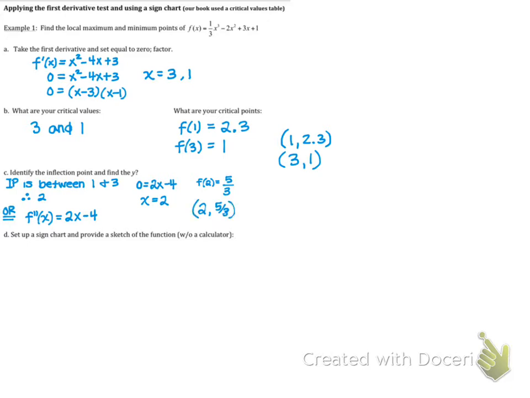Okay, so now this is where we can do our sketching. Again, we're not going to use the calculator to do this. I set it up in three ways. I'm going to do 3 number lines.